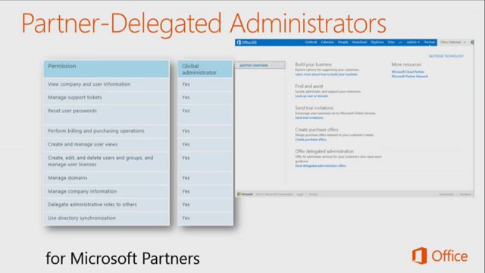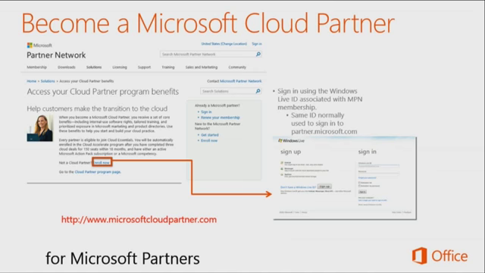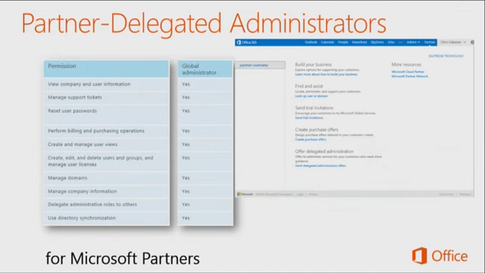We can create and manage users. Everything that we could do if we physically logged into their tenant, we can do through what's called partner delegated administration. We can find and assist, look up their domain. I'm going to show that on the next screen. There's a screenshot here of where that is, and we're going to go into that a little deeper in a little bit.